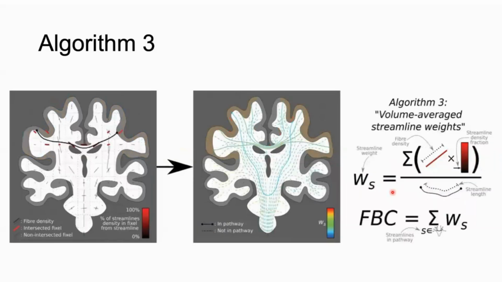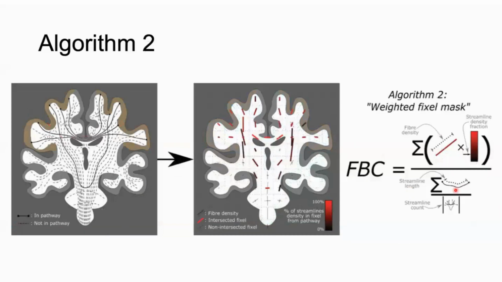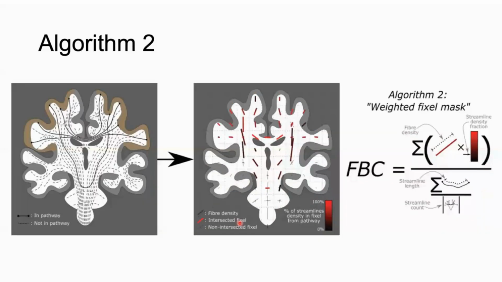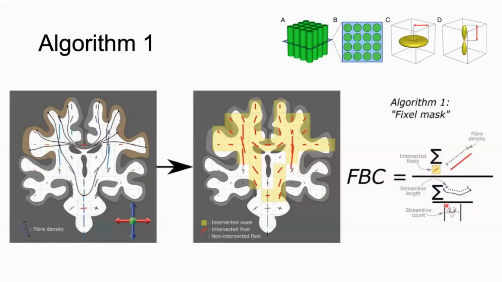And then this is algorithm 3, which now decouples. Instead of using the average streamline only in the bundle, you're going to say, I'm going to use all of the streamlines. So you're slowly making it more and more global. First, we were only using intersecting voxels and streamlines within the bundle.